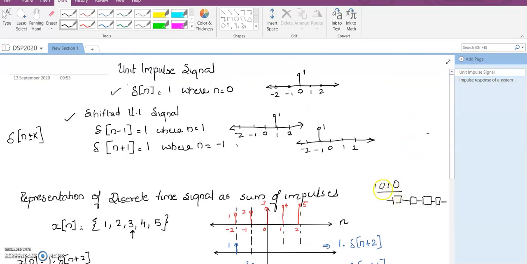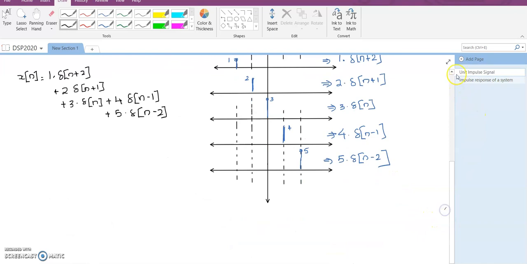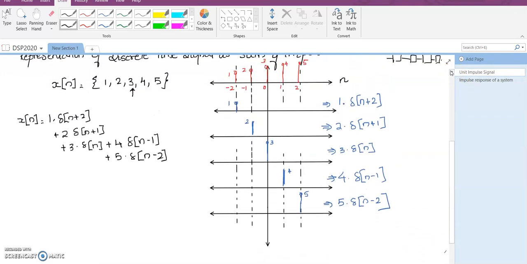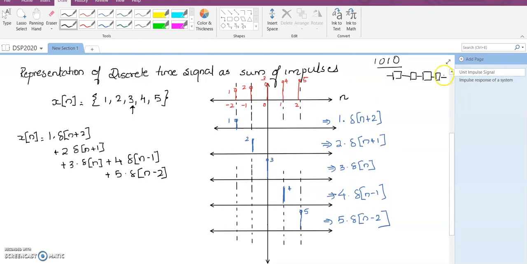I hope you remember concepts like that. Basically, what I wanted to say is that a unit impulse happens at this instant, and the ones that come before it will be shifted as earlier or prior impulses. So the topic is the representation of a discrete time signal as a sum of impulses.